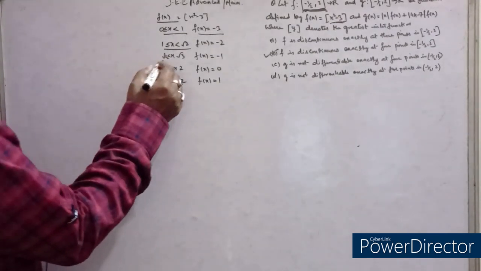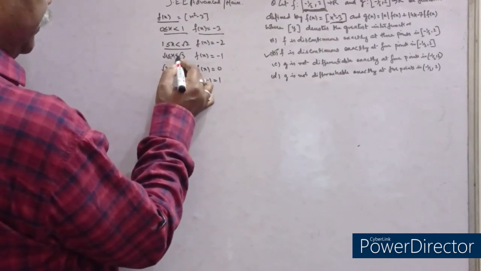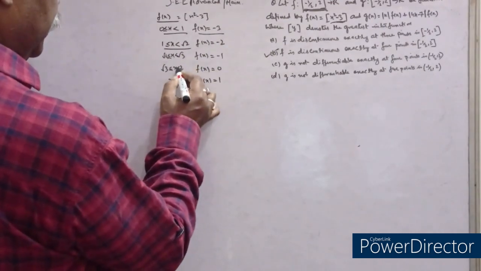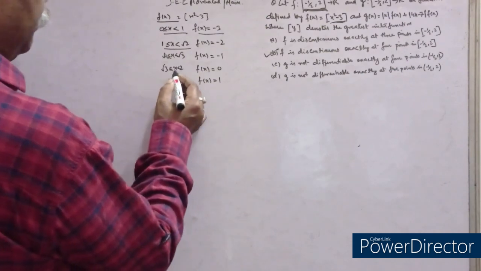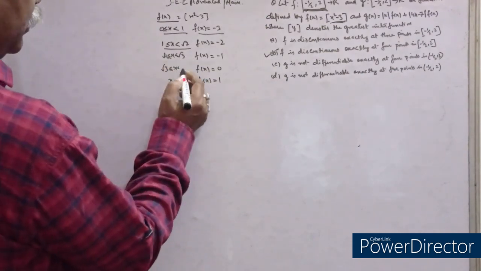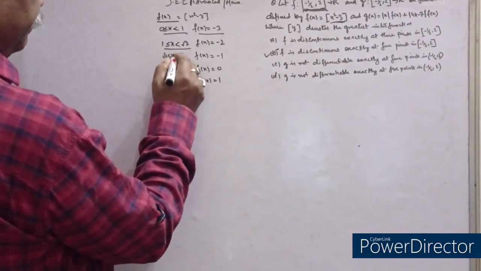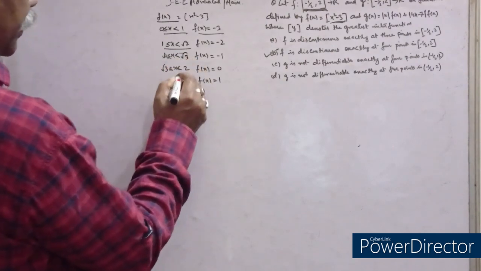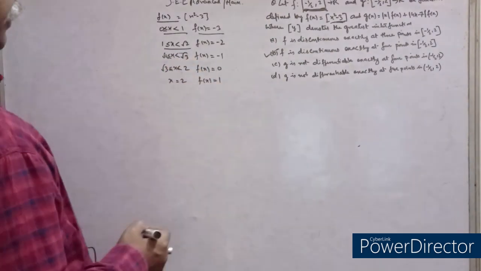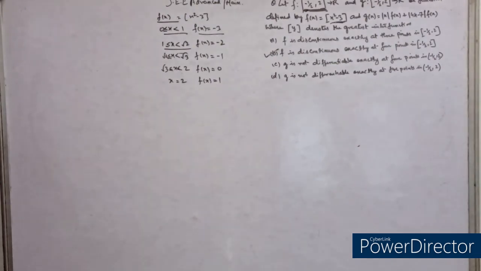For x greater than or equal to root 2 and less than root 3, it is minus 1. For x greater than or equal to root 3 and less than 2, f(x) is 0, and for x equal to 2, f(x) is 1.